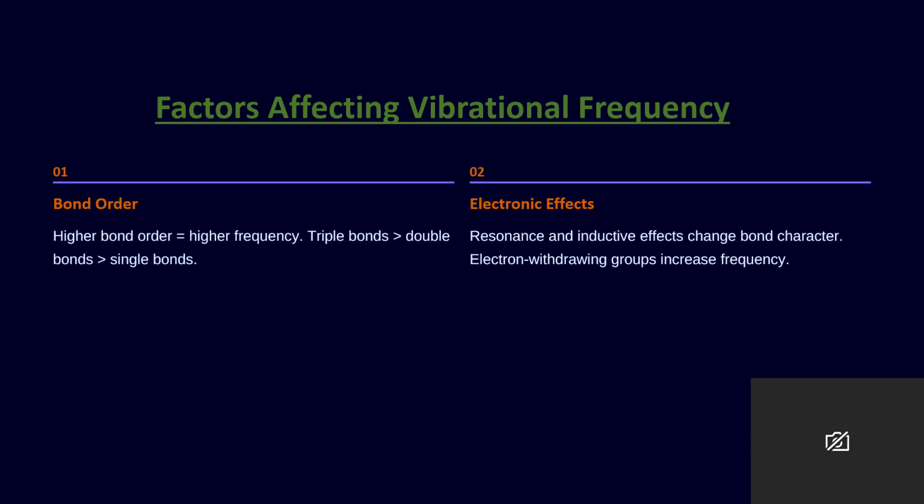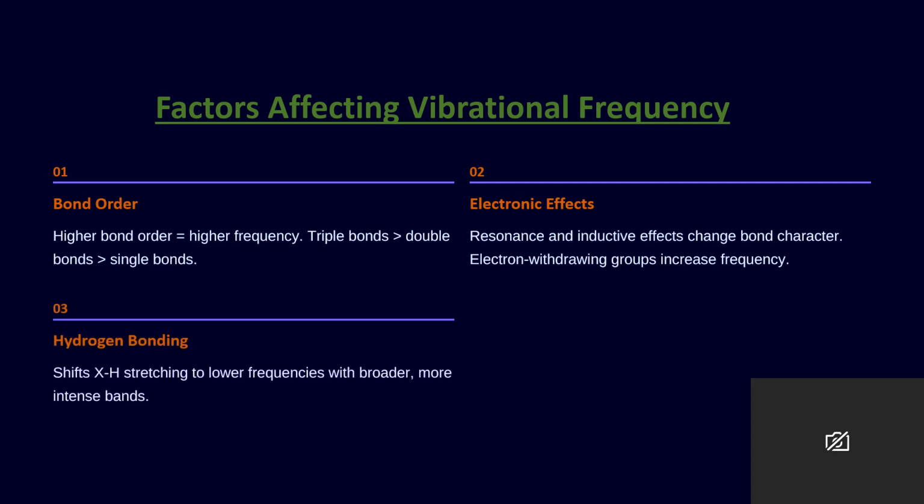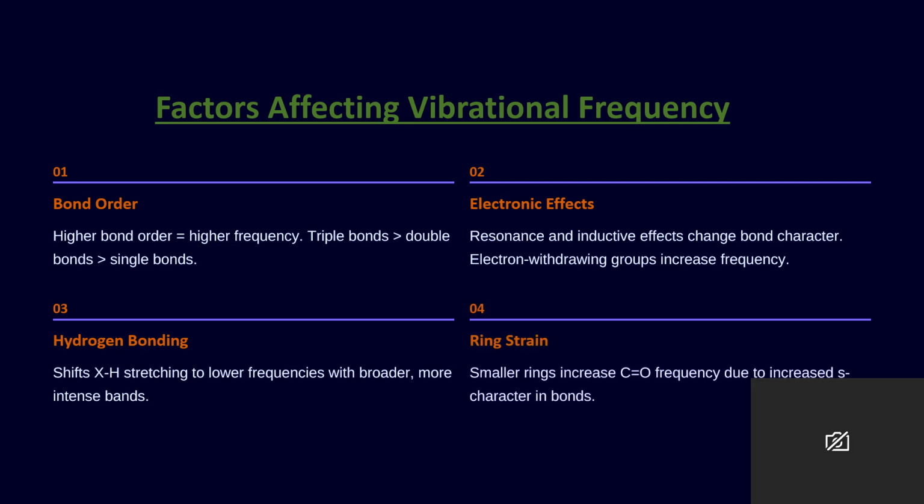And if the bond order or the bond strength decreases by the electronic effect, then the frequency will decrease. Next is hydrogen bonding. Wherever hydrogen bonding is present in a molecule, it will lower the frequency of the bond. Next is ring strain. As the size of the ring decreases, the frequency of the molecule also decreases.